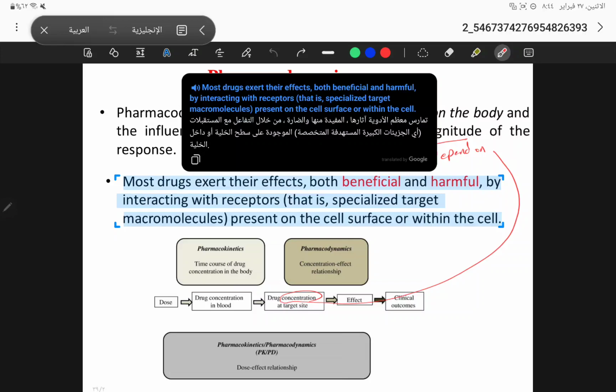So drugs may exert their effect, whether beneficial or harmful, by interacting with a certain kind of molecules that we call receptors. These receptors are specialized target macromolecules, so they are huge by themselves. They are present on the cell surface mostly or within the cell. So it could be on the cell membrane or within the cell.